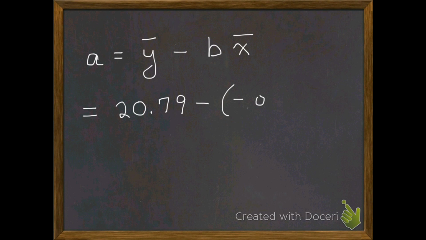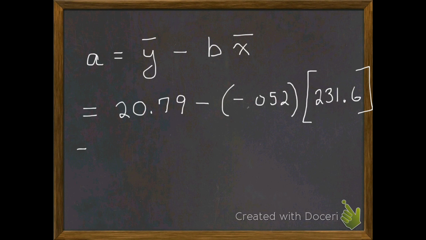Now don't make a silly mistake here and think, well, we've got a negative there, we don't have to include that negative. Negatives are important. Just ask your banker. All right, so we get 20.79 if I didn't do something silly, minus our B, which is negative 0.052, times 231.6.